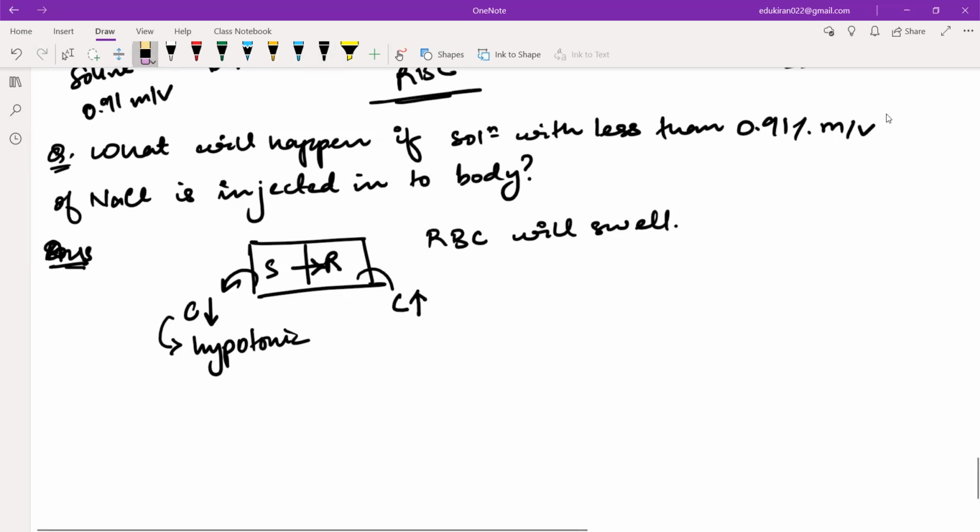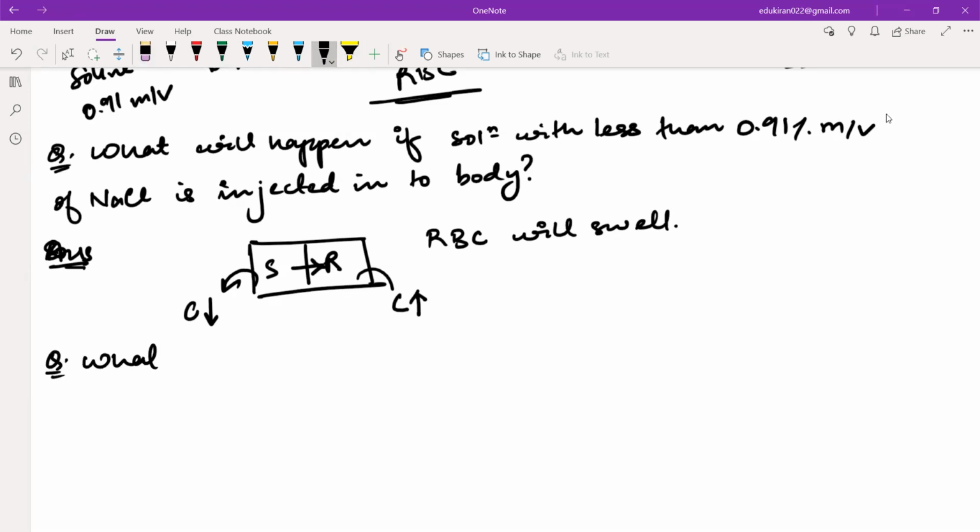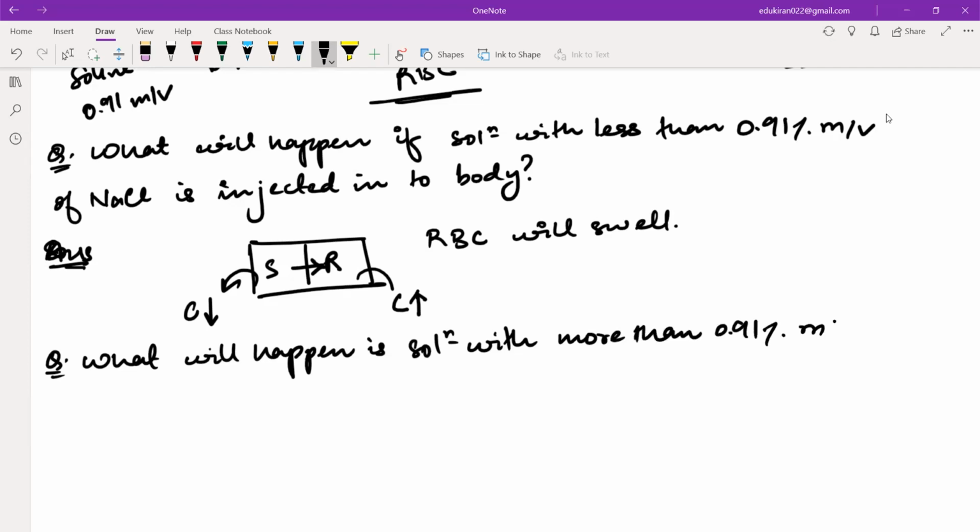Now, a similar question that you can write here is, what will happen if a solution with more than 0.91% m by v of NaCl is injected into the body?